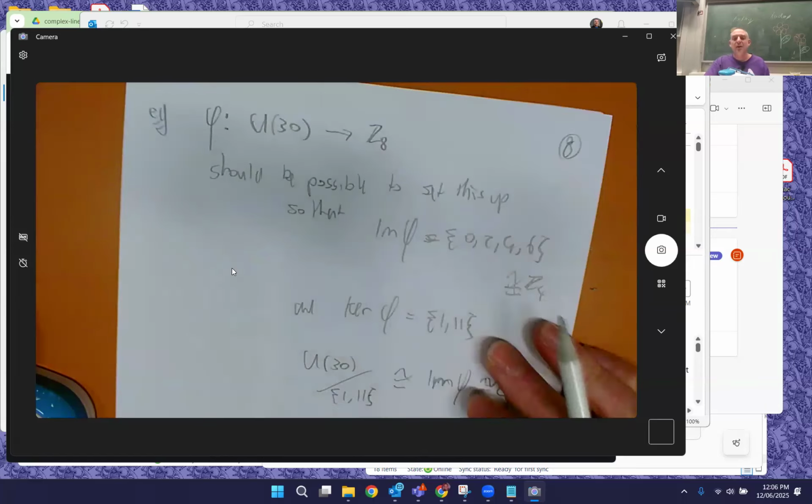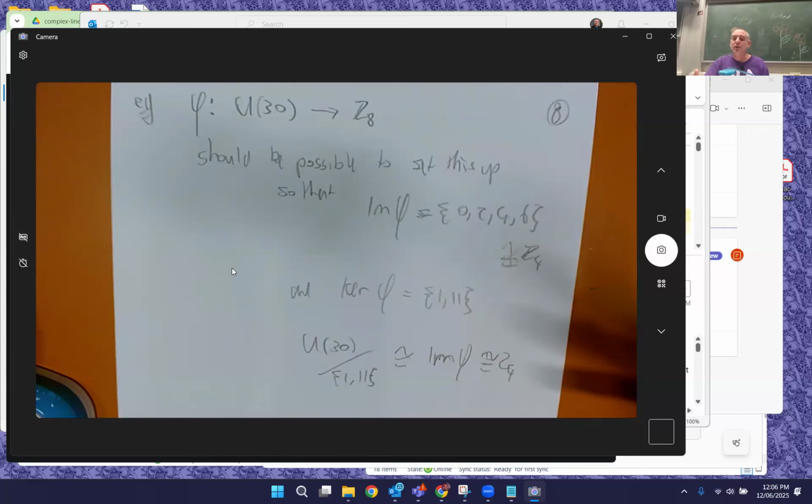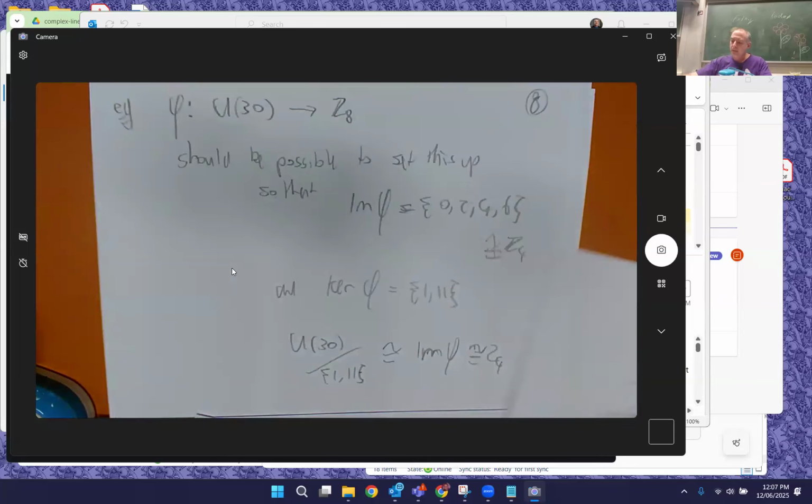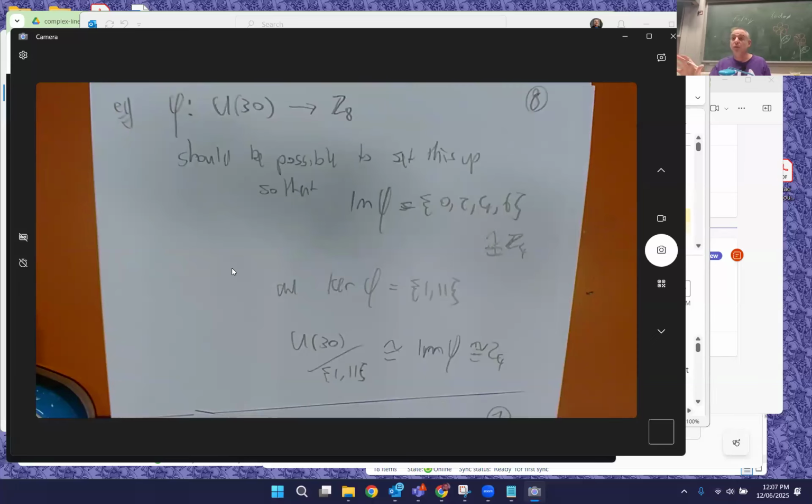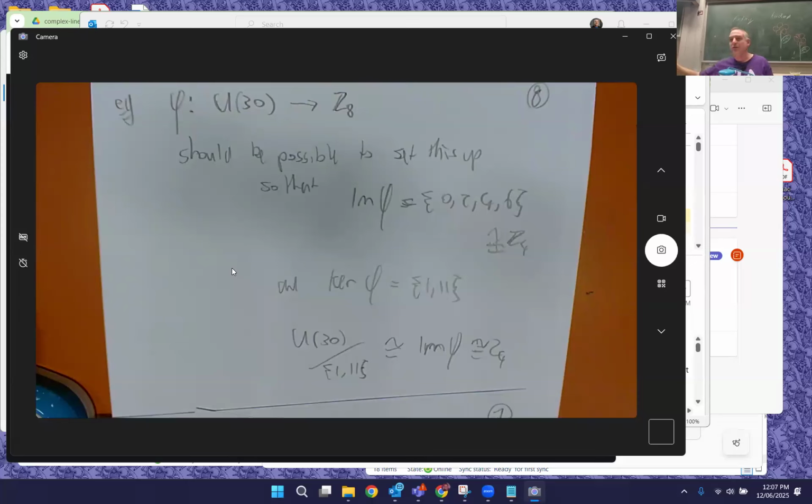So I don't know, that's not necessarily a good example. It's just what's on my mind, because the isomorphism theorem doesn't officially work the other way, but it technically should be able to. Like if you find a quotient group and you find that it's isomorphic to a subgroup of another group, it should be possible to set up a homomorphism from one to the other so that the kernel is the thing you factored out and the image is the thing that it arrived at.